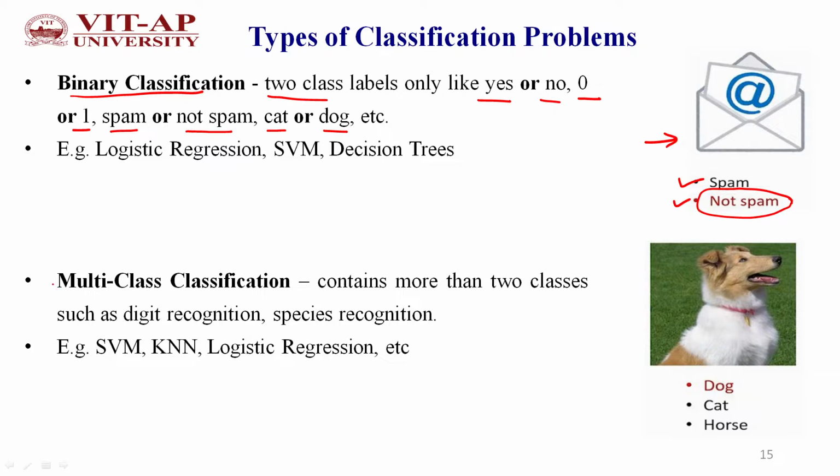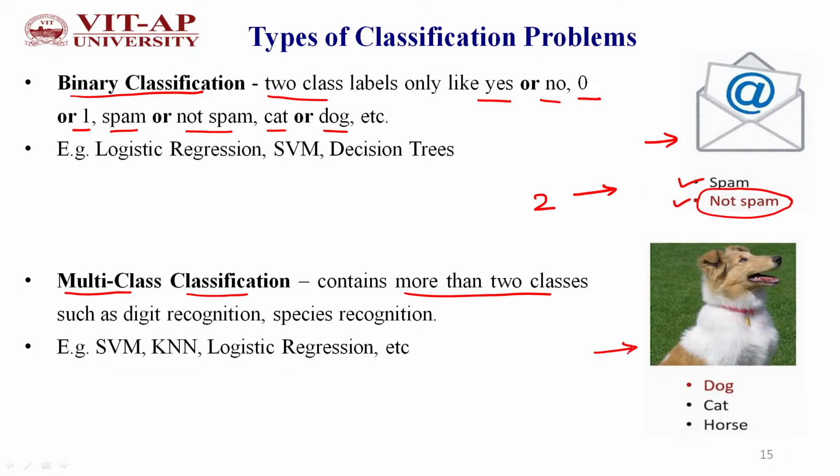The second classification type is multi-class classification. In the previous type, the classifier classifies the given data into two classes, but here it will classify the given data into more than two classes. Look at this.